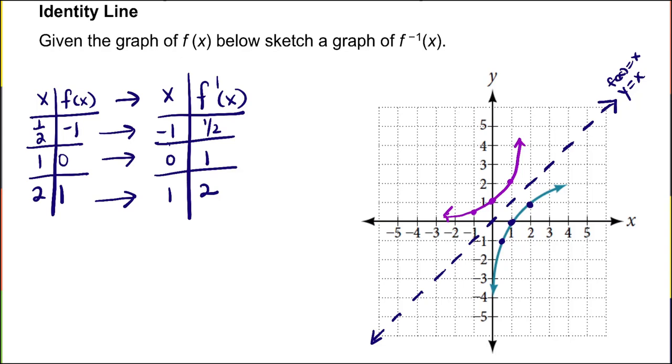And if this were graph paper, you would have folded on this line right here, on this diagonal, then every point on the function's graph would fold over on top of every point of the inverse's graph. That's how inverse graphs work.